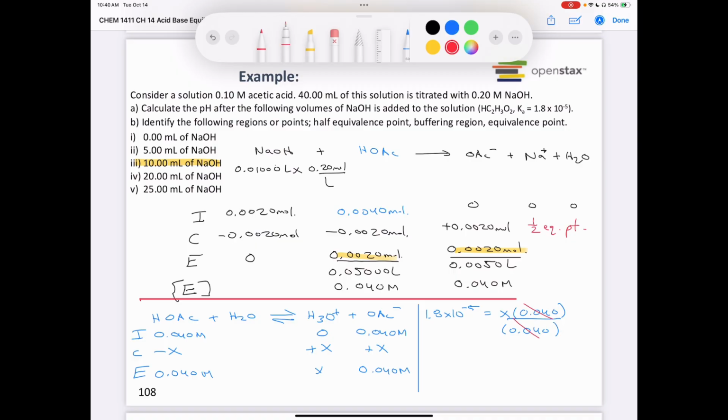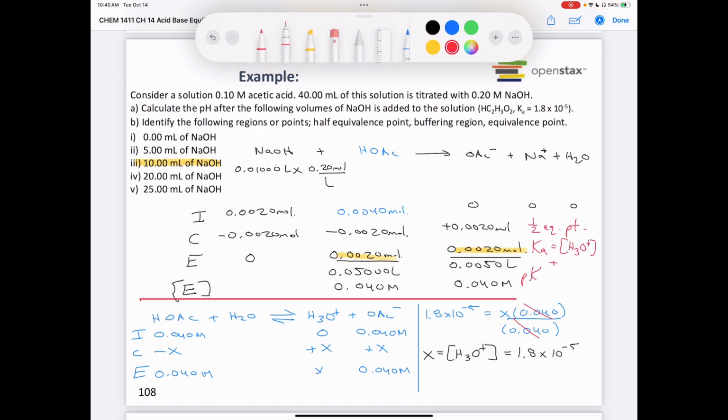You see that these two cancel out, and our x, which is equal to our concentration of hydronium, is going to be equal to 1.8 times 10 to the negative 5. So we can say that when we're at the half equivalence point, our Ka is equal to the concentration of our hydronium.